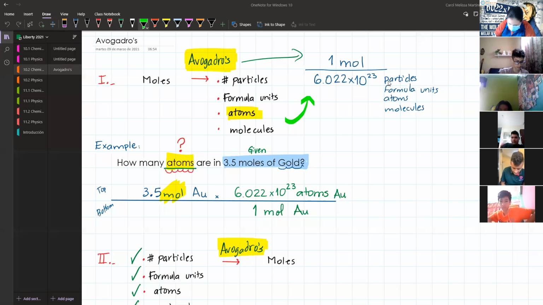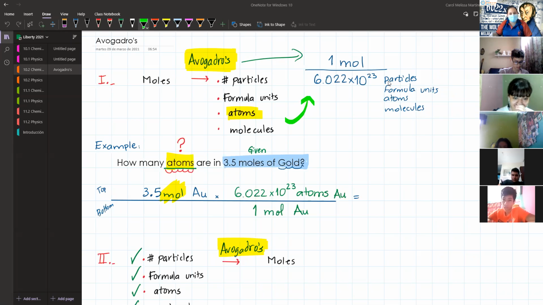So how are you going to do this in your calculator? I'm going to send a picture to the group, in case you have one of these types of calculators. In your calculator, remember everything at the top multiplies, everything below divides.